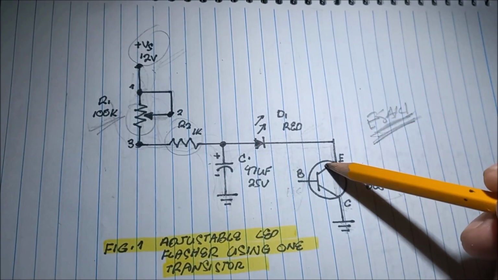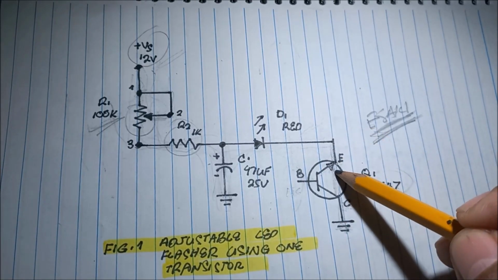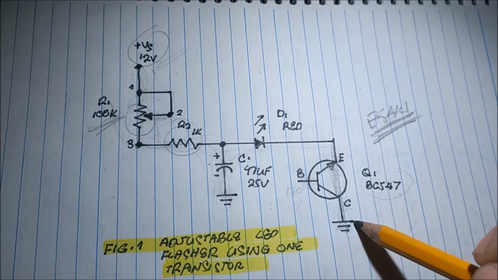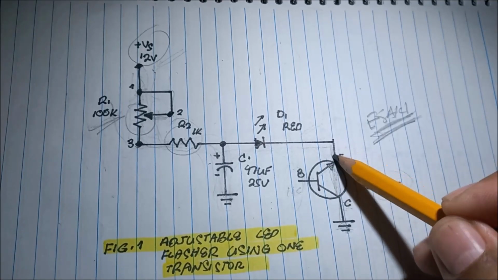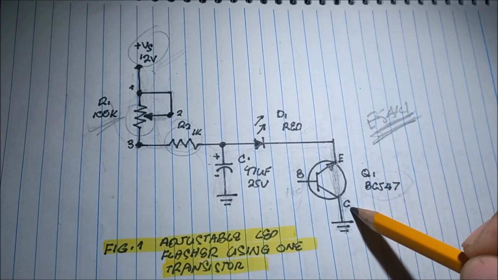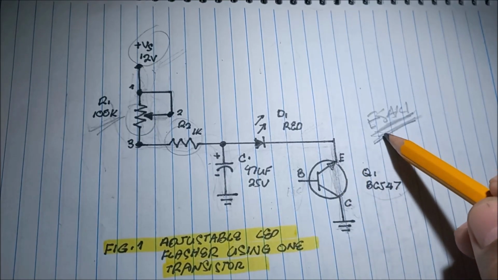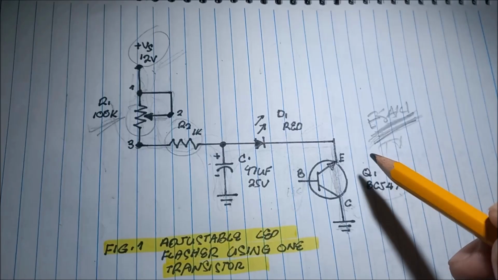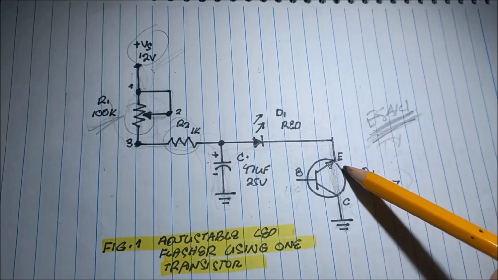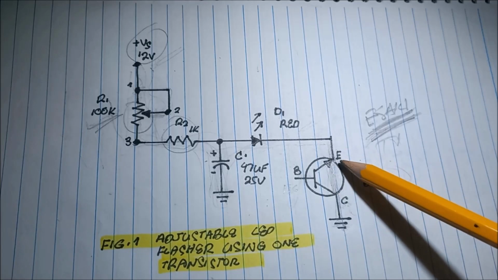Because when we connect an emitter this way and the collector to the ground, there is a possibility of what we call a tunnel effect, shorting these two junctions, emitter to collector. So current flows from emitter to collector, known as the Esaki effect, tunnel effect, or sometimes negative resistance effect. Or should I say, in the case of the transistor, it is some sort of reverse active mode of the transistor.